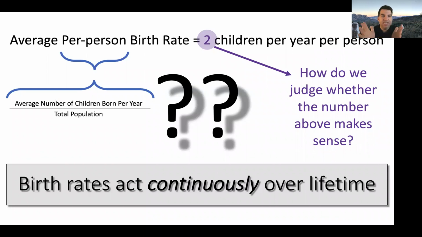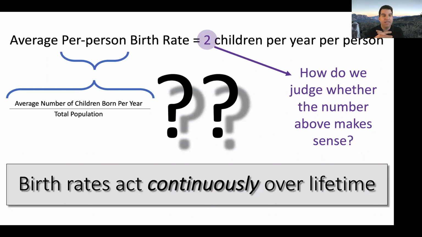So if we're just thinking about how many children on average, you could say, well, how many people are born in the United States per year? And then you could divide that by how many people in the population are even old enough that they could possibly have children, and those things together might give you a number.